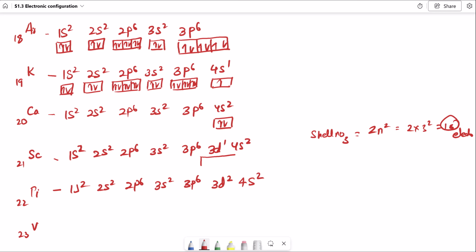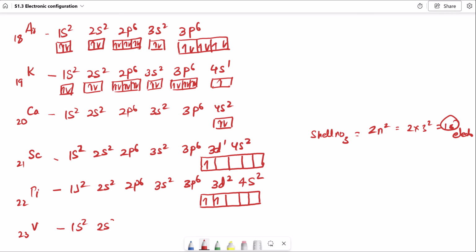So if you remember, I'm just drawing the d orbital. D has 1, 2, 3, 4, 5. So 1. 3d2 means 1, 2, 3, and 1 and 2.